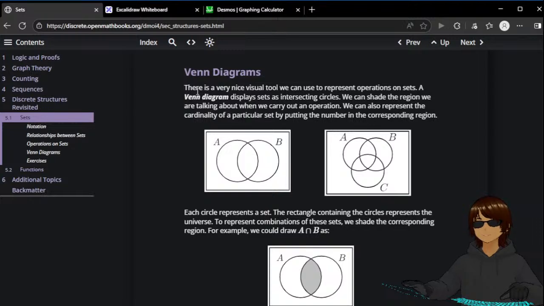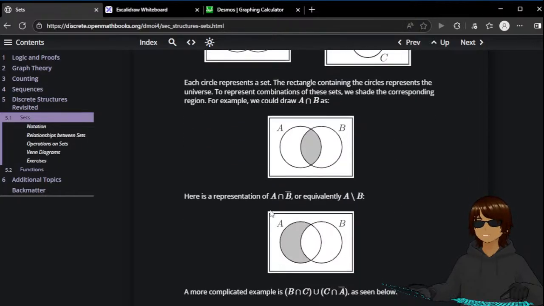Venn diagrams are a very nice visual tool we can use to represent operations on sets. A Venn diagram displays sets as intersecting circles. So A, B, C, and then we have the intersection, the A intersection not B, or equivalently A set difference B. How do you pronounce this?